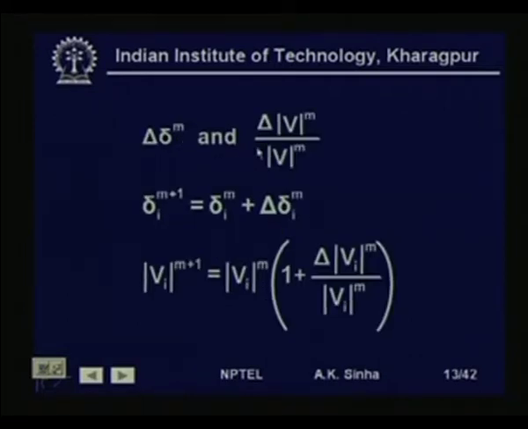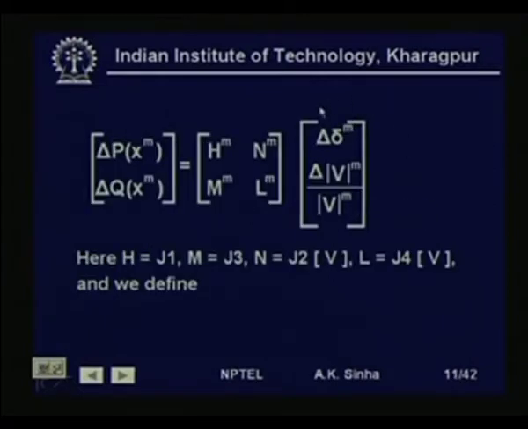Then we are calculating these terms. We have got the values of these by substituting the values of state variables, that is voltage magnitude and angle, into the elements of the Jacobian. Then solving this expression, we can calculate delta delta m and delta V m by V m.